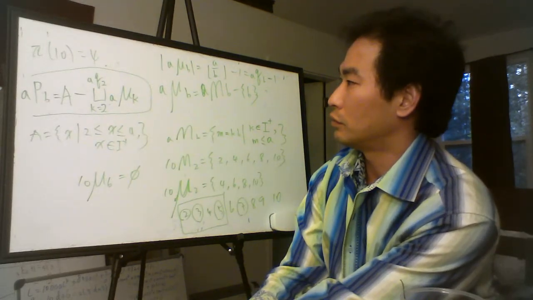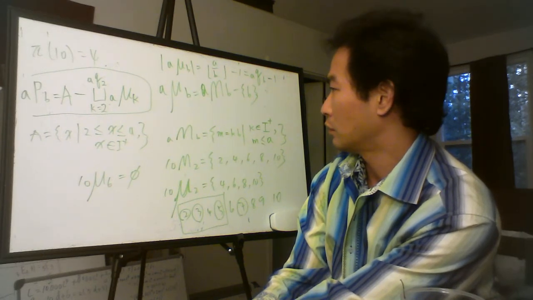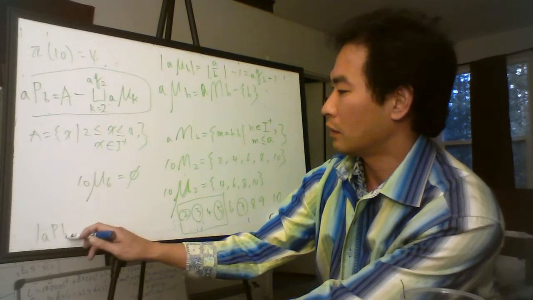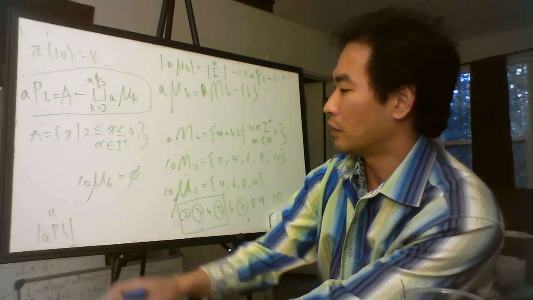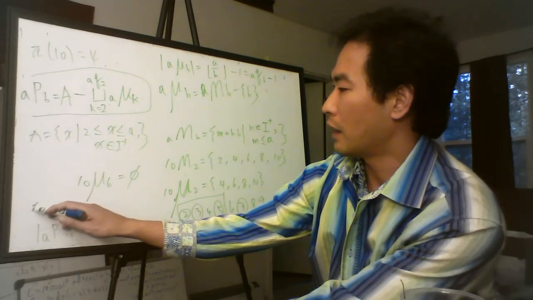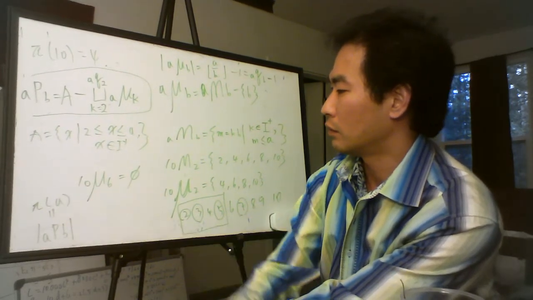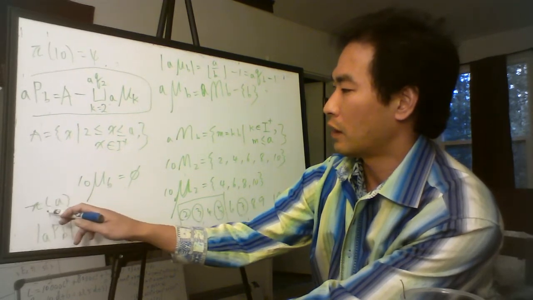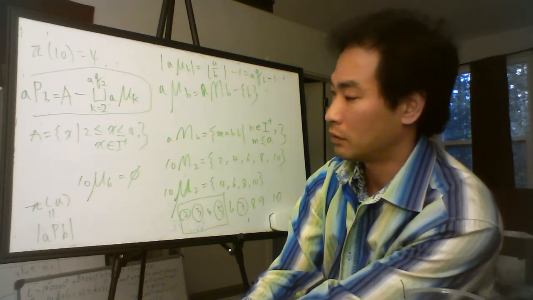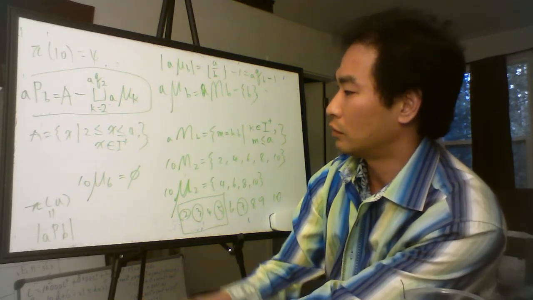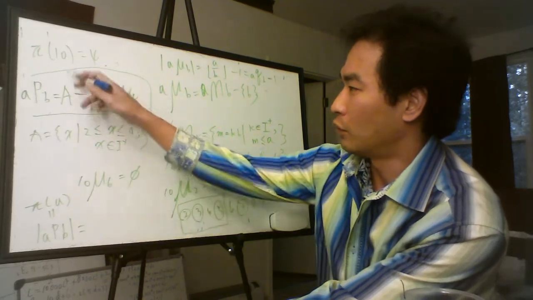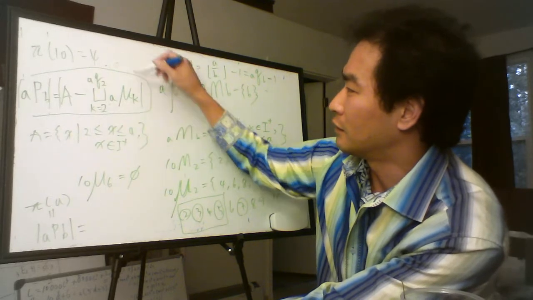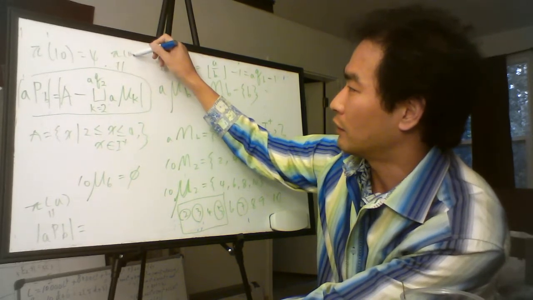The absolute value of the set of primes B is pi of A. We have the prime number set and the number of prime numbers. That's the prime counting function. So the absolute value of this guy is pi of A.